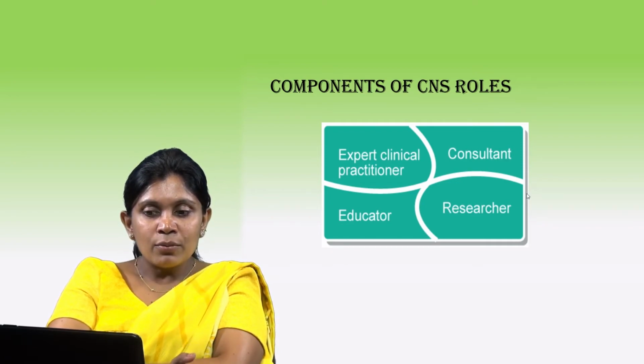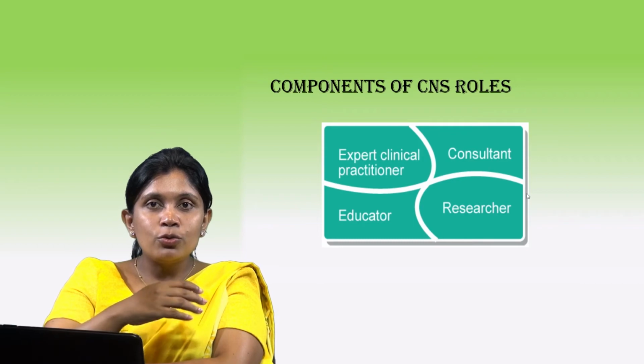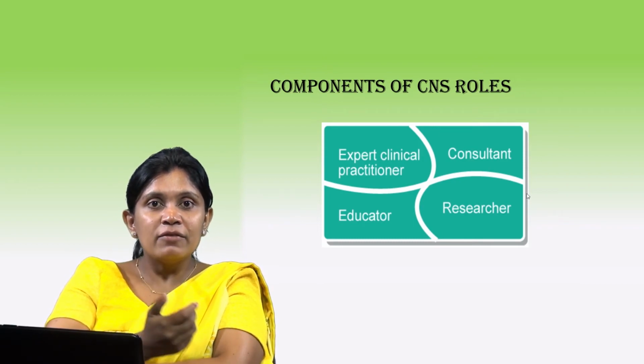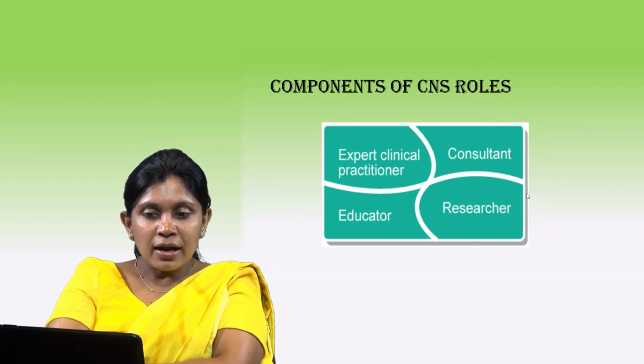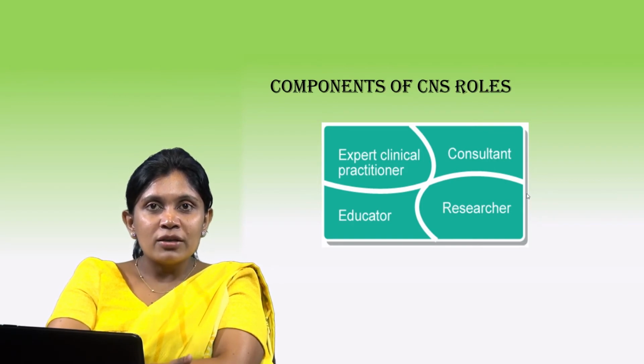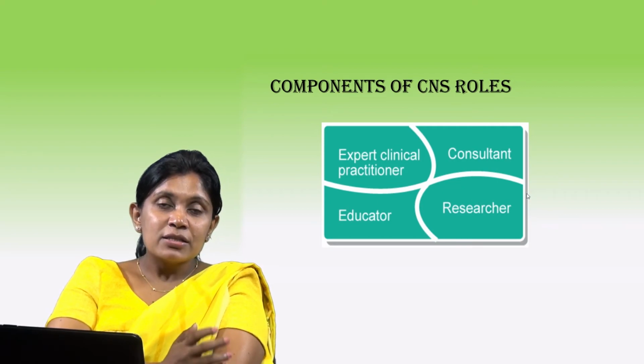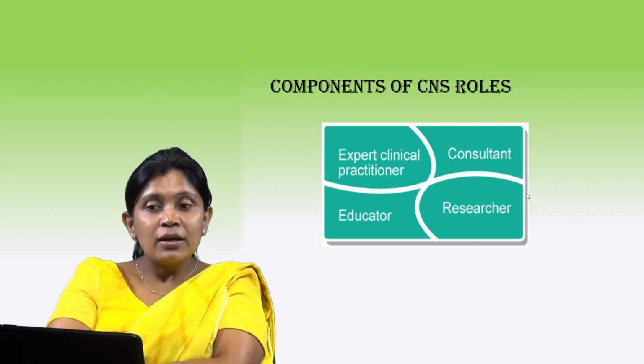When it comes to researcher, they do research activities, case studies, and surveys to get different findings and enhance the practice, especially evidence-based practice. And as an educator, they need to consider holistic care. They need to take a family approach and a community approach. They need to assess and give proper health education, especially on disease prevention, secondary prevention, and tertiary prevention.